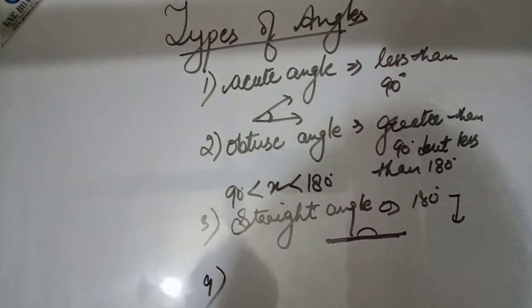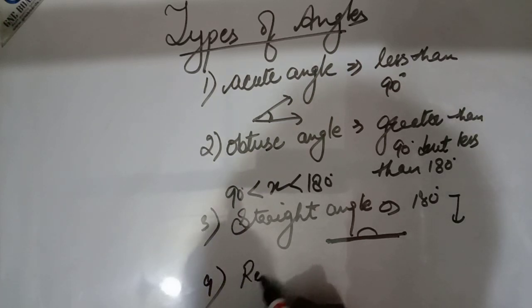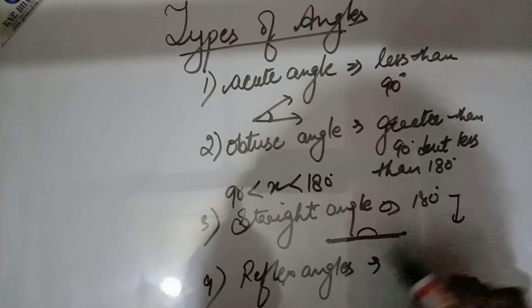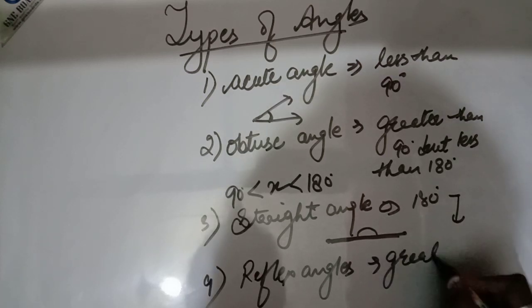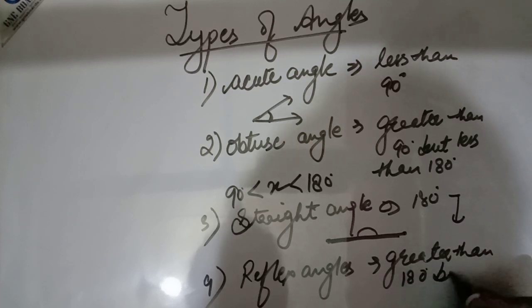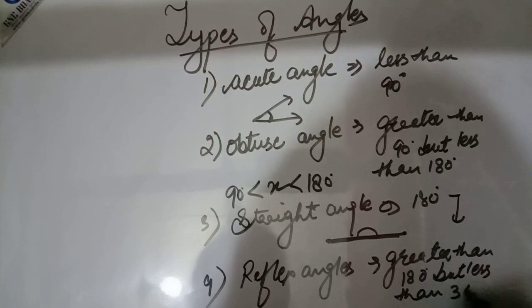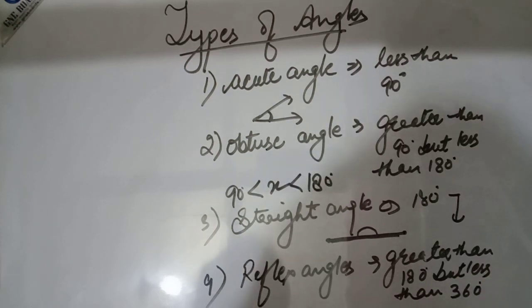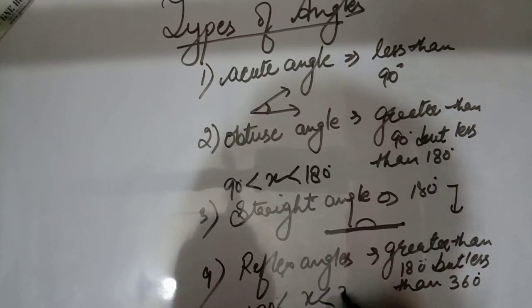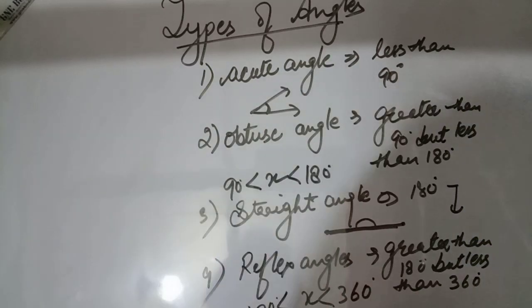Then the fourth angle which we have studied is the reflex angle. Angles which are greater than 180 degrees but less than 360 degrees. If we consider any angle x, then angles which are greater than 180 degrees but less than 360 degrees are called reflex angles.